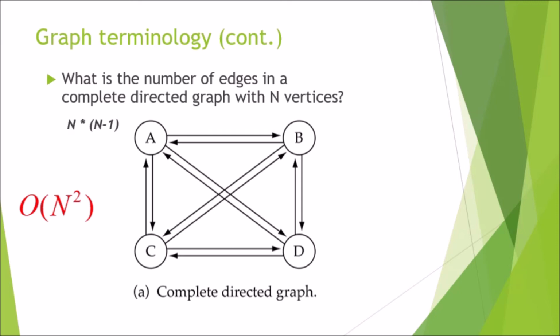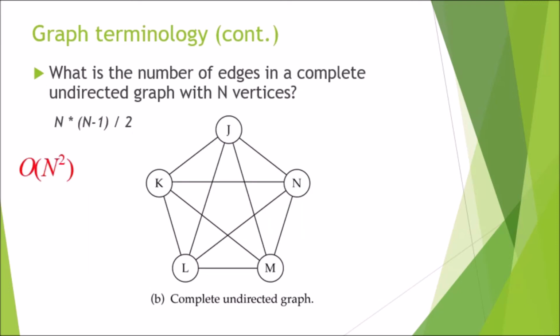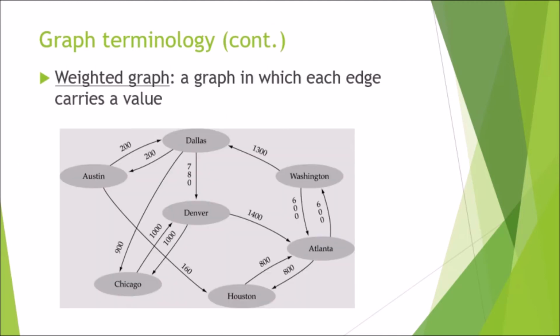The number of edges in a complete directed graph is n into n minus 1. And similarly, when we see the diagram of an undirected graph, the number of edges will be the total number of edges in a directed graph divided by 2, as there will be only one edge between one pair of nodes.